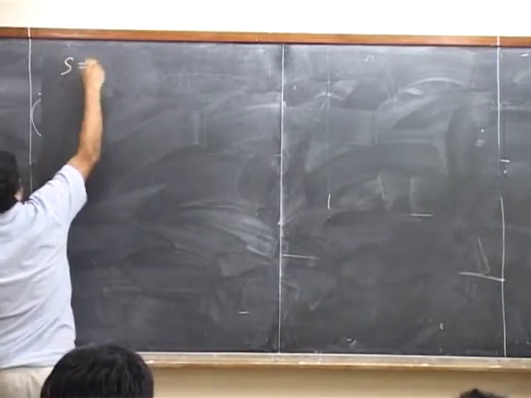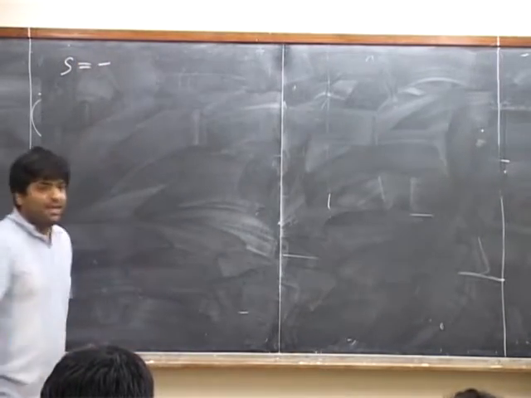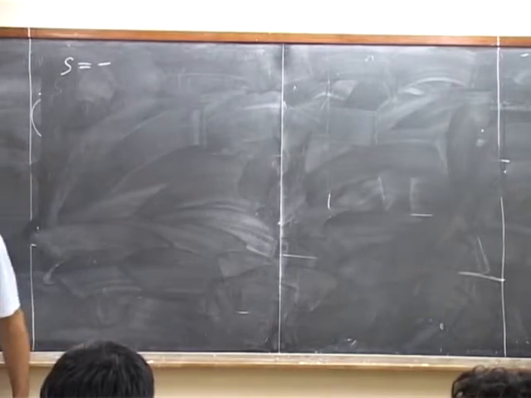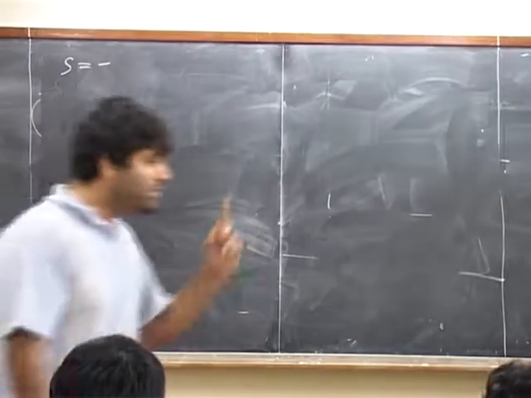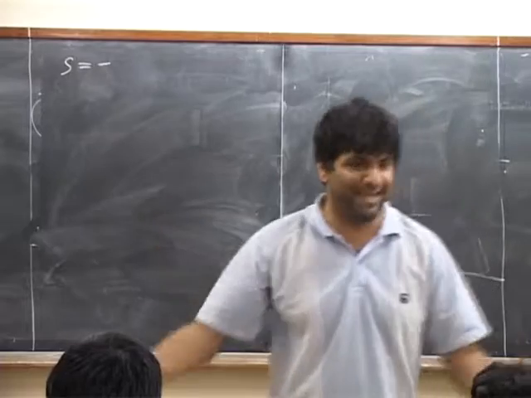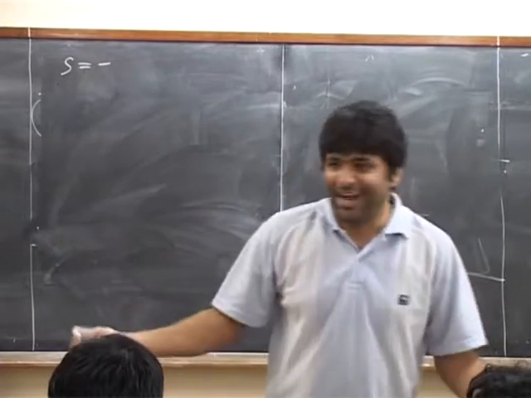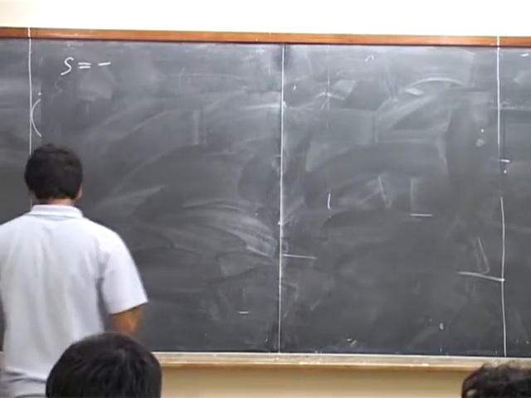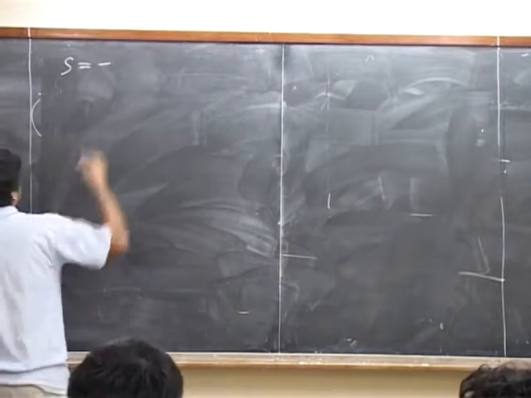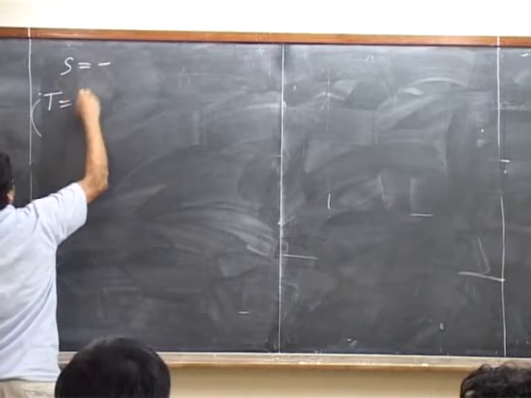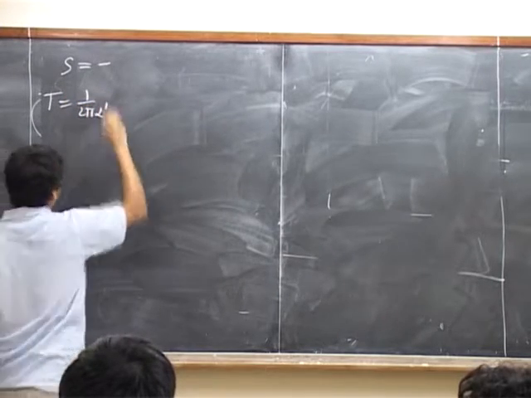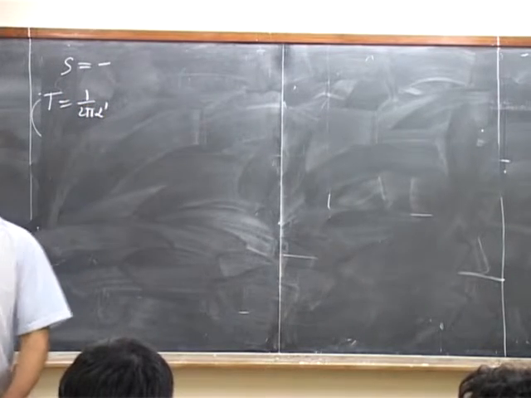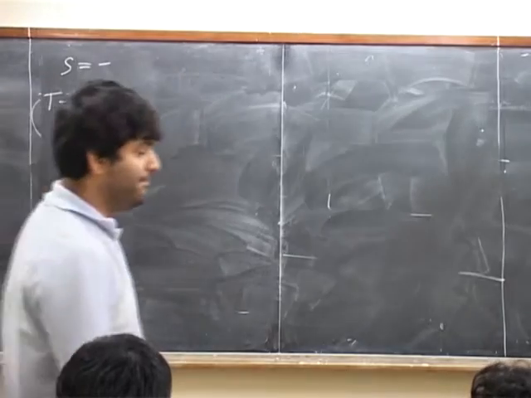So what's our goal? Our goal is to take this action, which is minus T. Now I'm going to switch to the conventions used in string theory. T, the coefficient in front of the action, was the tension of the string. It's conventional to write T as equal to 1 over 2 pi alpha prime. Let's look at dimensions.